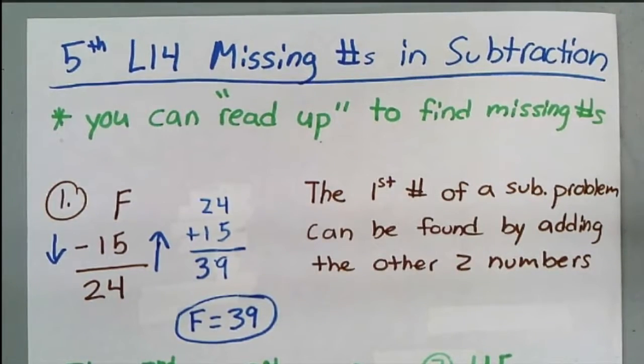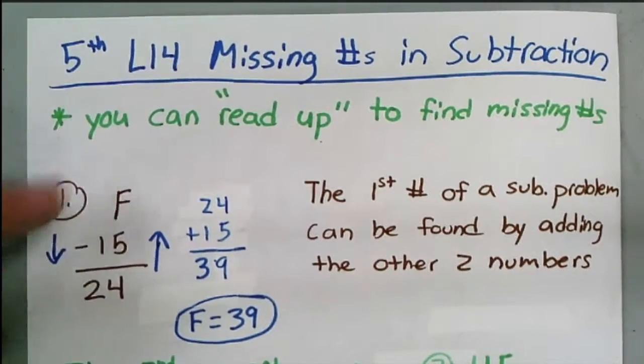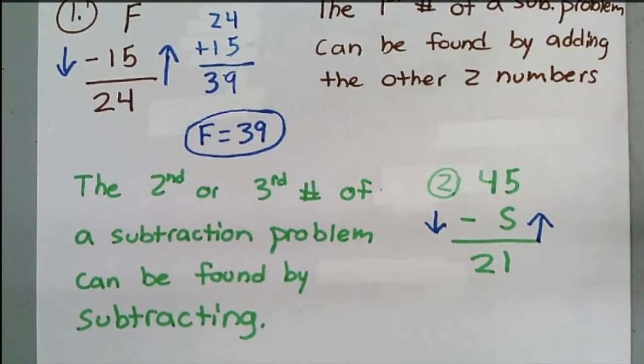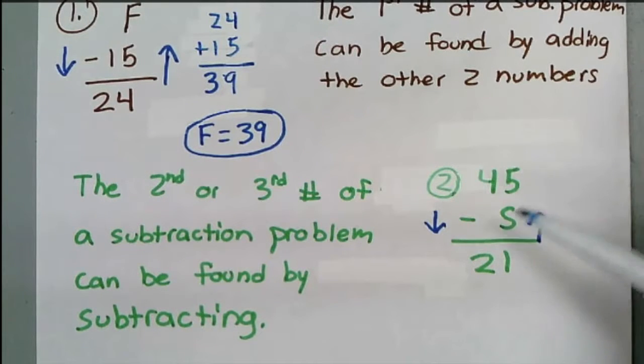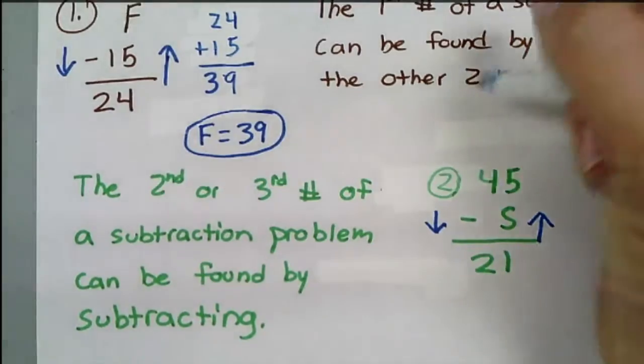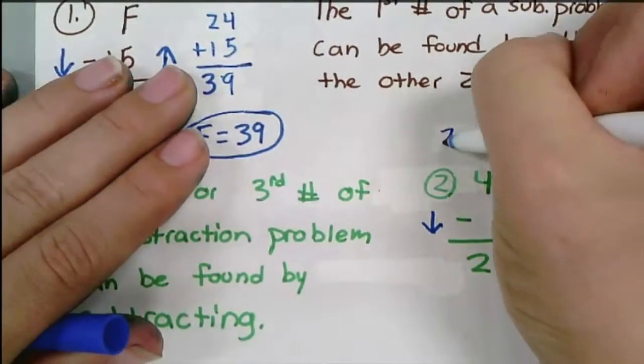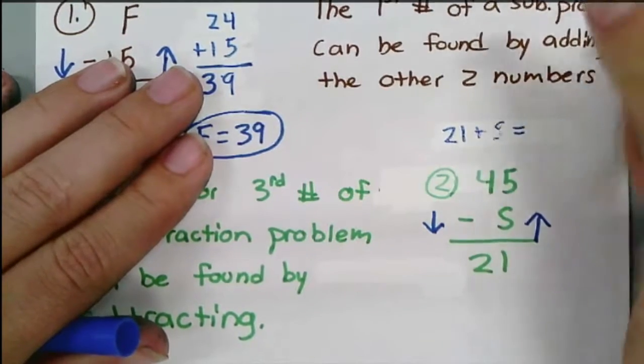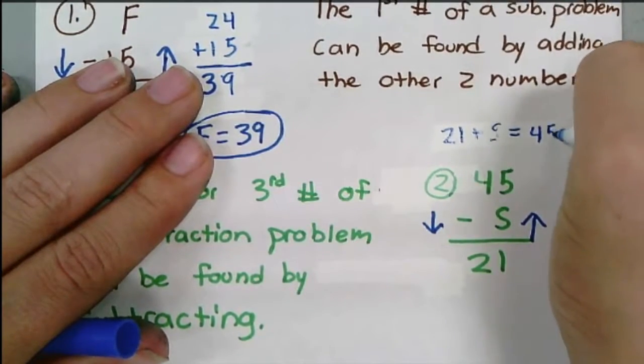Now sometimes, instead of being the first number that's missing, it might be the second or the third number. And in that case, we're going to solve it by using subtraction. Let's look at why. So we have 45 minus S, our missing number, equals 21. That was when I read it down. If I read it up as addition, then I'm going to say that 21 plus S equals 45.